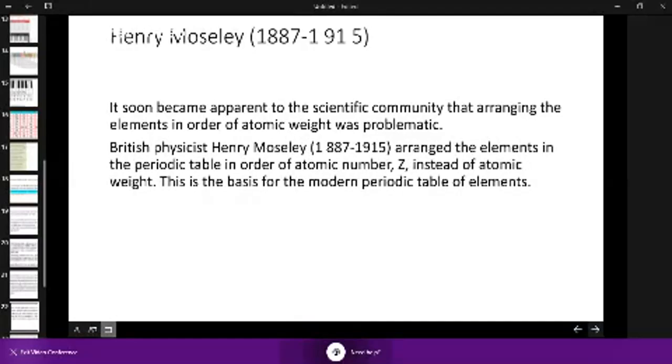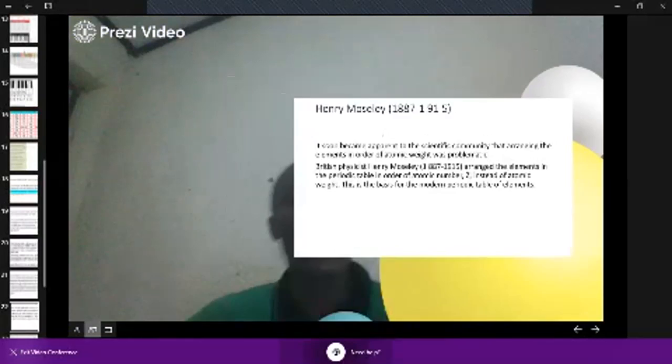So what he did was to arrange, first of all, the atoms according to their atomic number rather than arranging them according to their atomic weight. When he did that, everything was sorted. Everything, I'm telling you, was sorted.